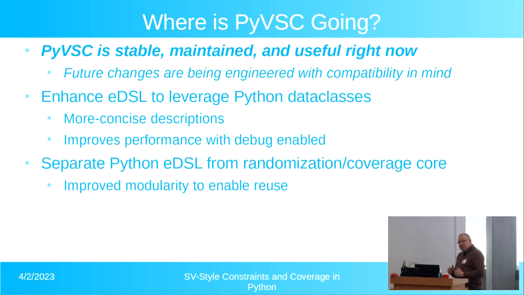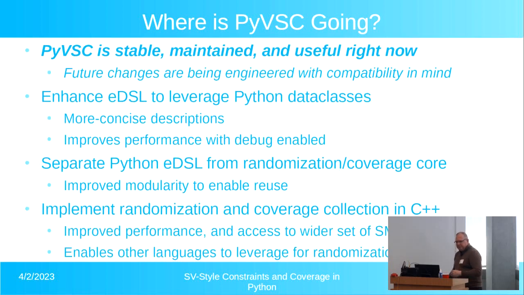I am looking towards more modularity here. PyVSC right now is pretty monolithic. The front-end domain-specific language aspect and the back-end, the randomization core and coverage, it's all one library. To enable more modularity and reuse, I'm looking to split that up a little bit. And that ties into the last point, which is making the randomization and coverage core based on a native language.